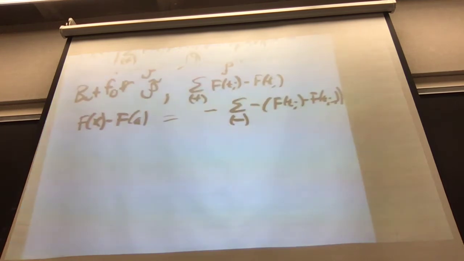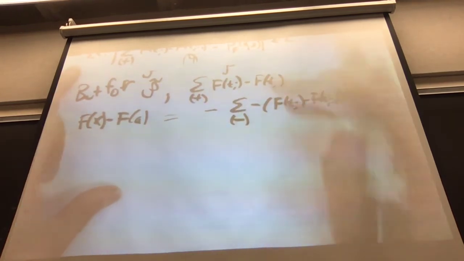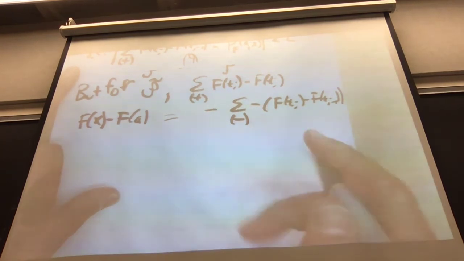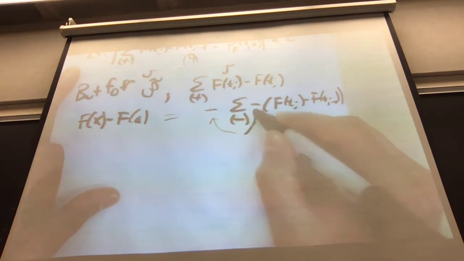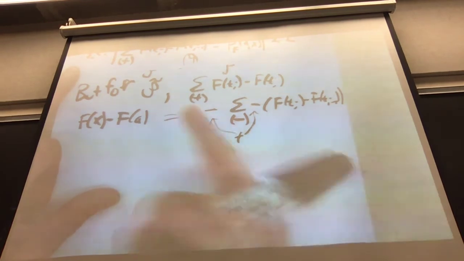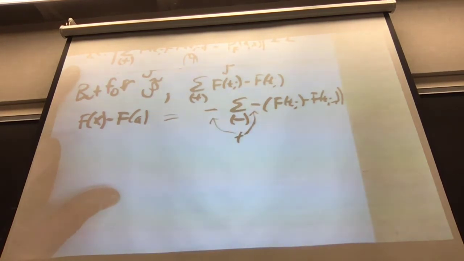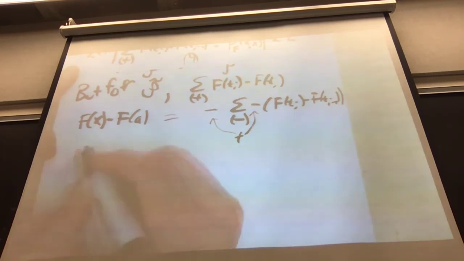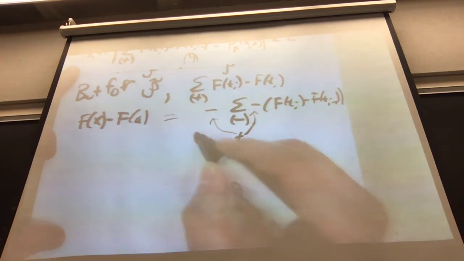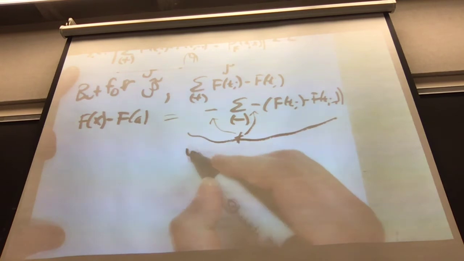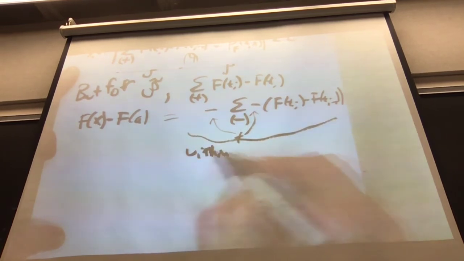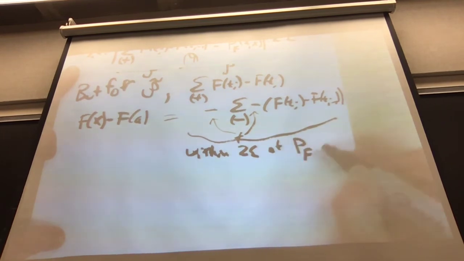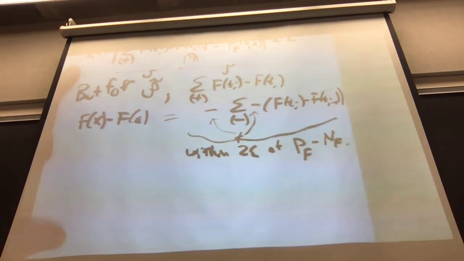And so for any partition, this thing completely telescopes, because these minuses turn into pluses, and now you're just adding the values of the function. So that telescoping sum is within, let's say, 2 epsilon of the positive variation minus the negative variation.